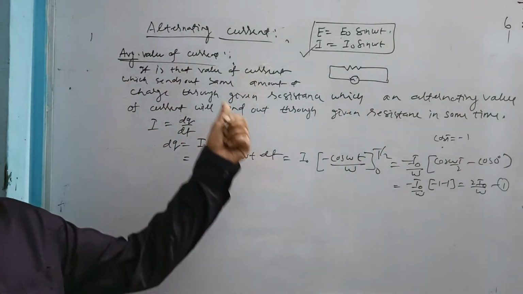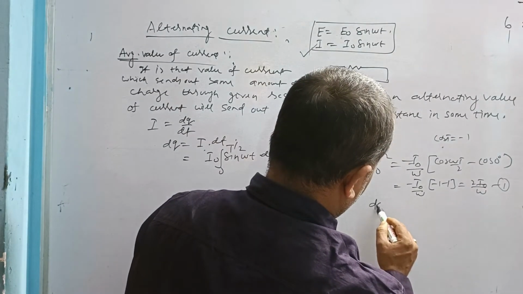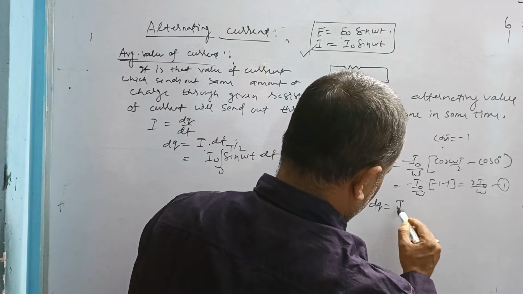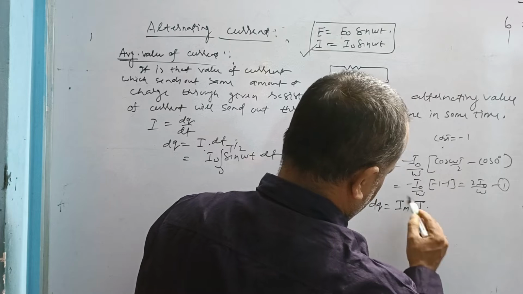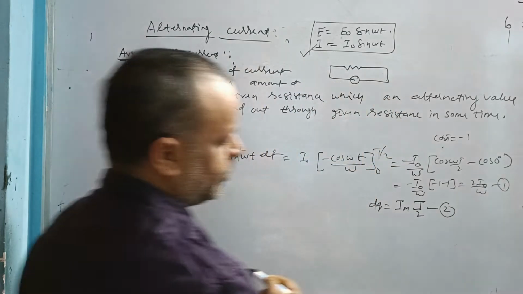And we have said in the definition that the alternating value of the current will send out the same charge which the mean value of the current will send out through a given resistance in the same time. So the mean value I am will send charge I am into T by 2.